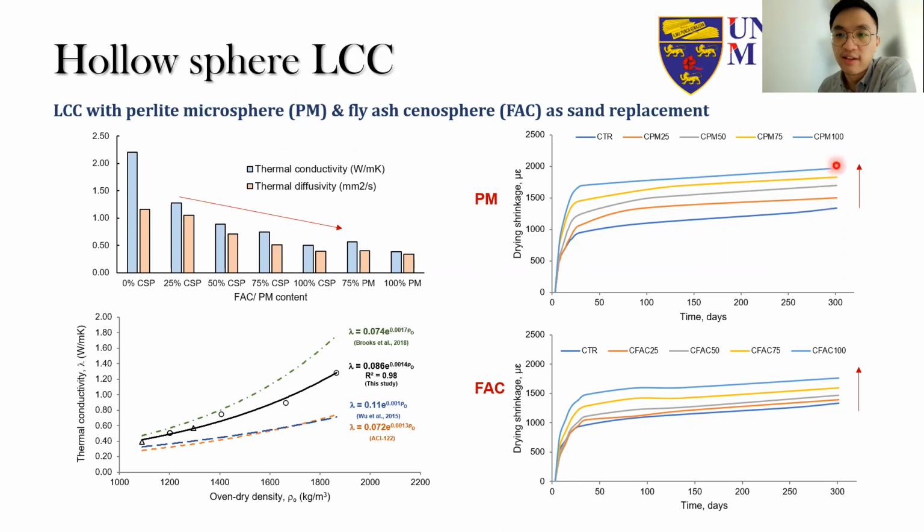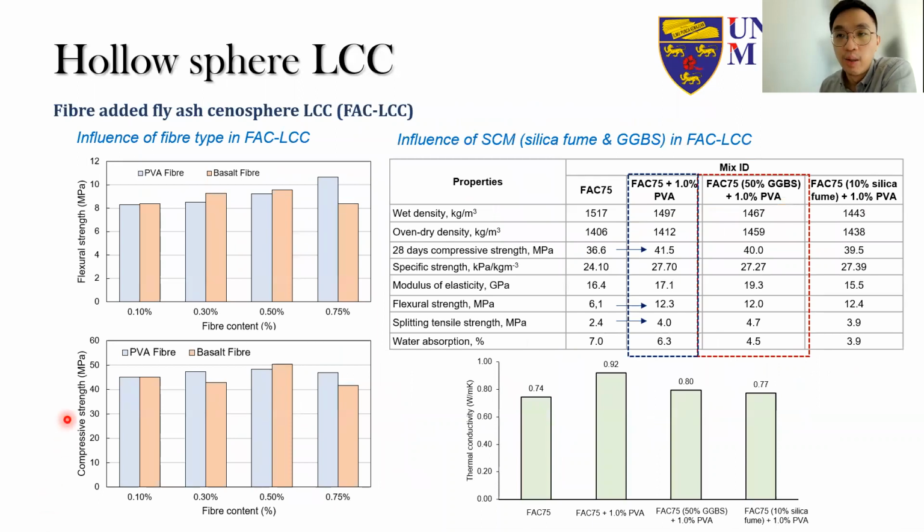You can see that the shrinkage is all increasing. So this is also one of the reasons that we tried adding fibers. Okay, and in subsequent work, we tried out the use of fibers in the fly ash cenosphere LCC. So we just did something on the mechanical strength.